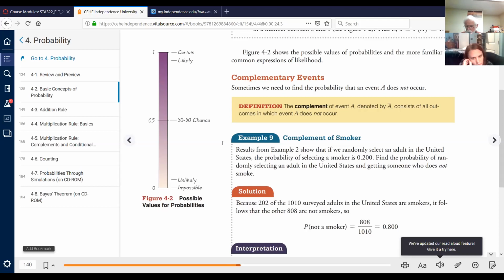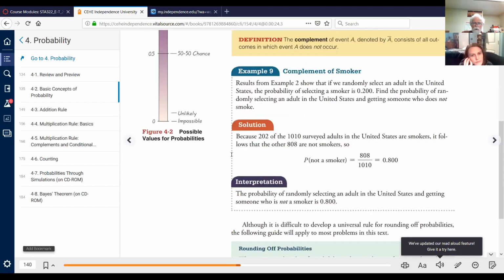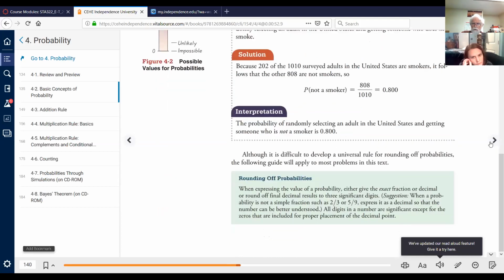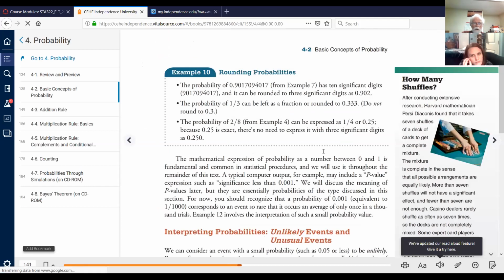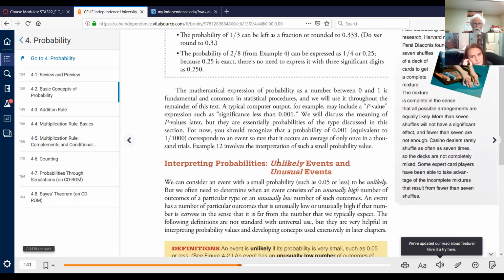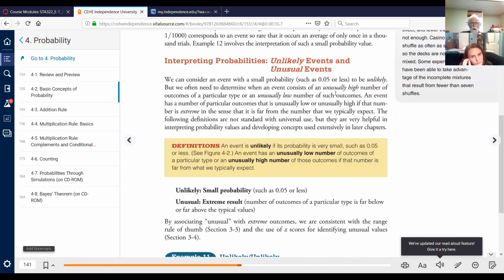So let's look at this. This brings us up to calculating these probabilities, and we'll go into these unlikely and unusual events. I've already said that small probabilities such as 5% or less, or 0.05 or less, are usually unlikely.